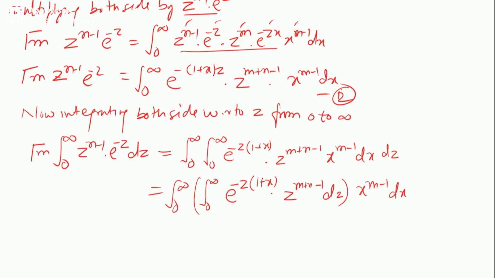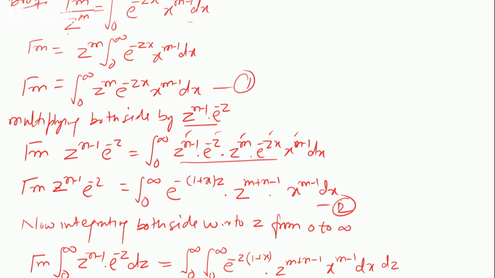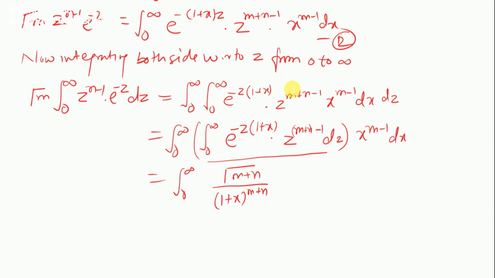Now if you remember the property of the gamma function, this can be written as Γ(m+n) upon (1+x)^(m+n). If you use that formula, in place of z we just write 1+x. Now what we get is the remaining x^(m-1) dx.